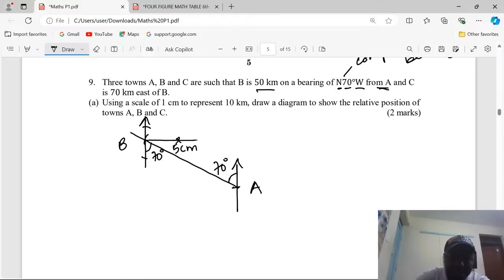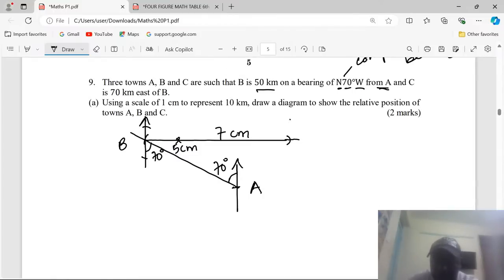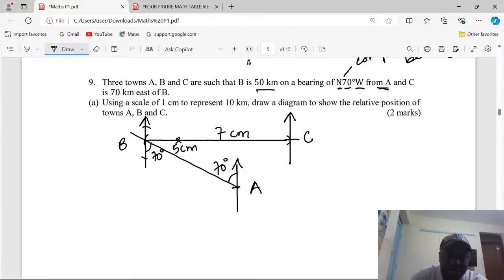So once you make an arc for 7 centimeters, you can raise another perpendicular at that point. This is our C. Now C can be joined to A.